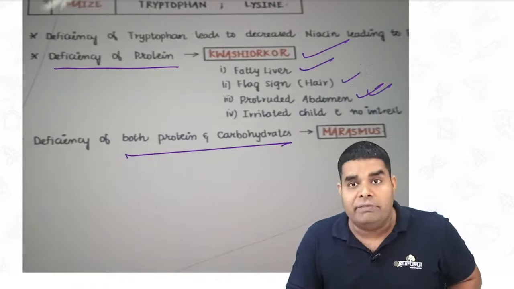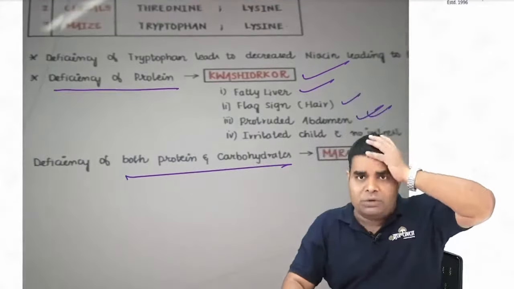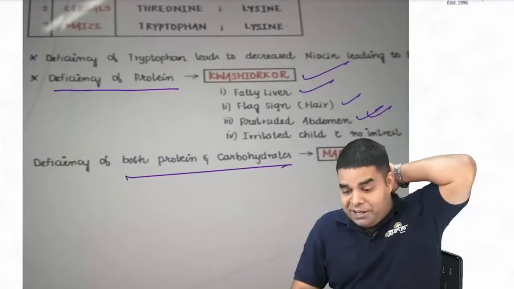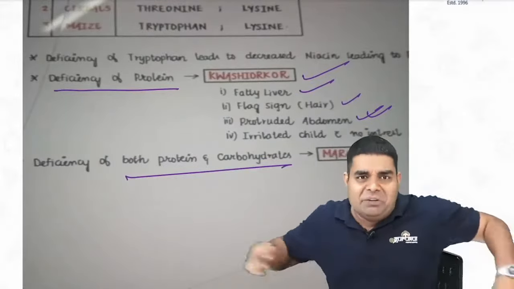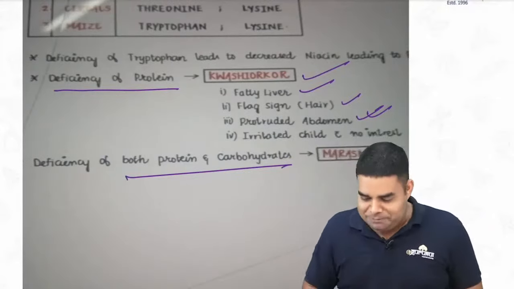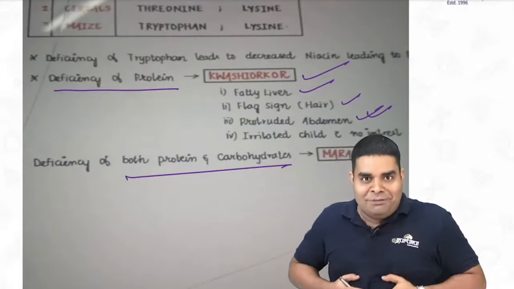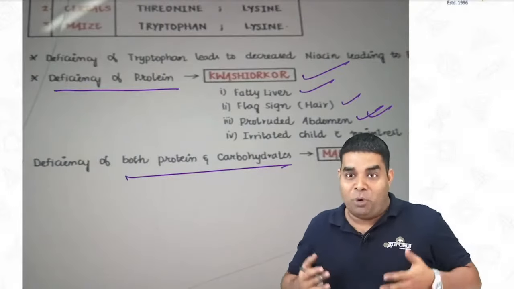Fatty liver, flag sign. What is flag sign? There will be some brown hair, some black hair, so it looks like a flag. So flag sign, fatty liver, and then there will be an irritated child with protruded abdomen. These are the things in Kwashiorkor. Nowadays, I also have a protruded abdomen, but it's not due to less protein.